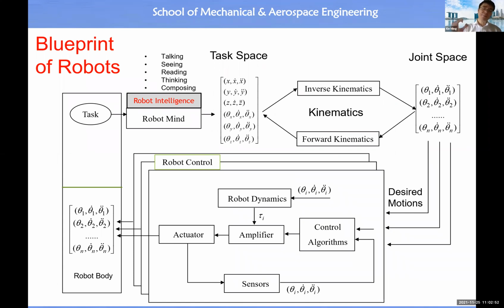From the viewpoint of a designer of any mechatronic product, we may talk about the material flow, energy flow, and signal flow. Then for a robot, we must add one extra flow, which is knowledge flow.